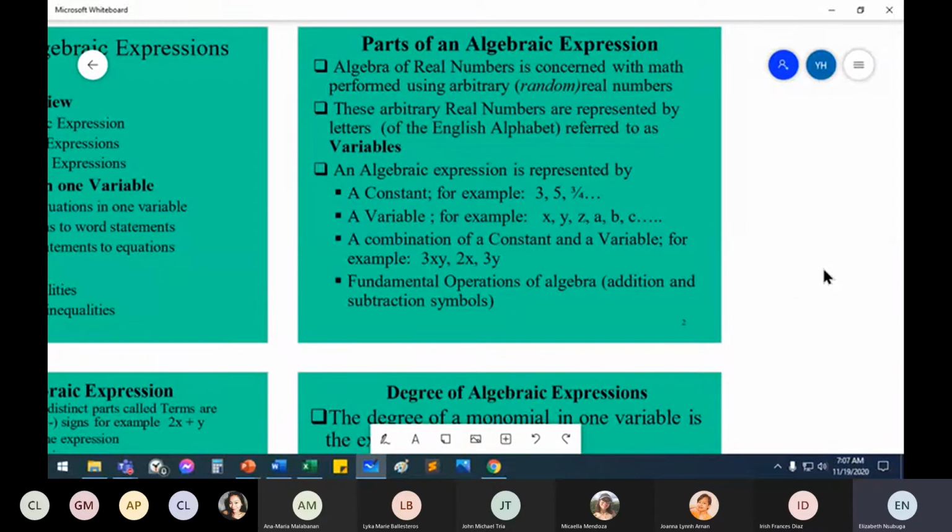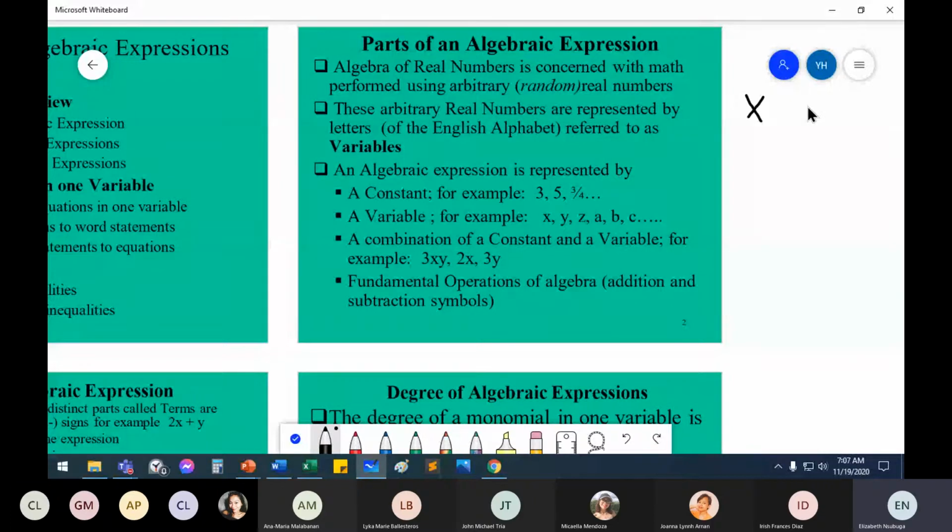Okay, so when you talk about an algebraic expression, that is it. It could be just a single letter. Usually in algebra, they represent variables with X or Y or Z. I say Z in English, but Americans say Z. Or sometimes they use ABC.